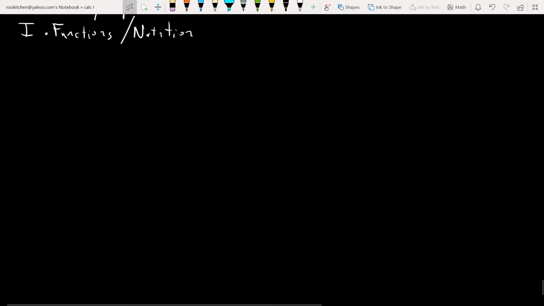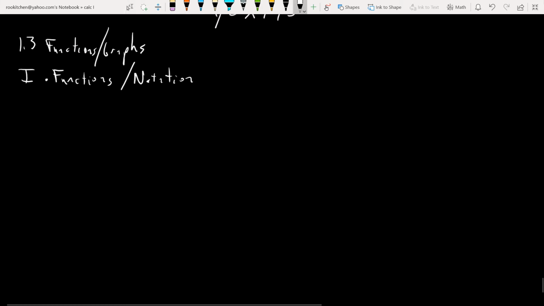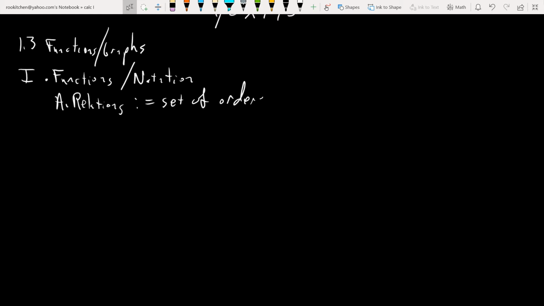A relation is basically just a set of ordered pairs. So, relations. What is this? It's a set of ordered pairs.